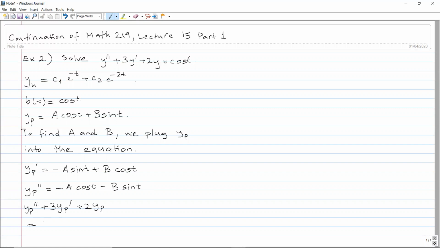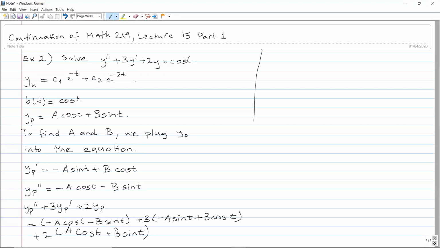So the second derivative is minus a cosine t minus b sine t, plus 3 times the first derivative, which is minus a sine t plus b cosine t, and then 2 times the function itself, a cosine t plus b sine t.